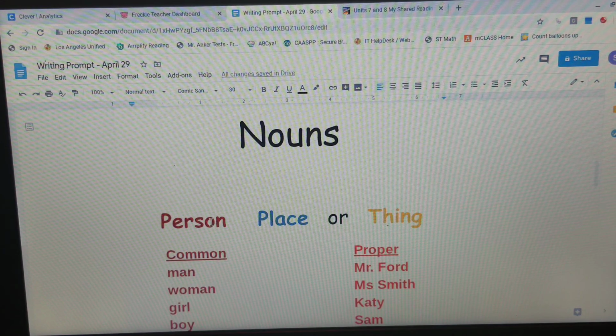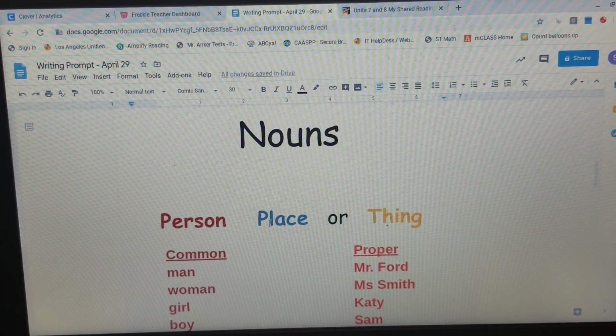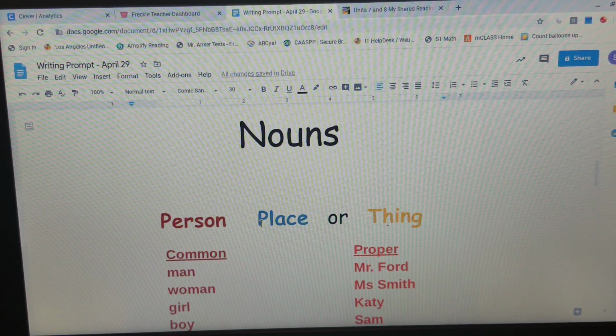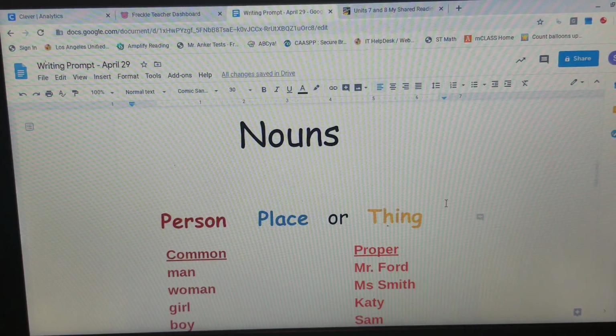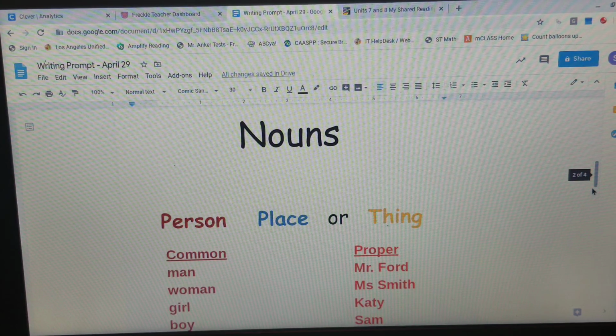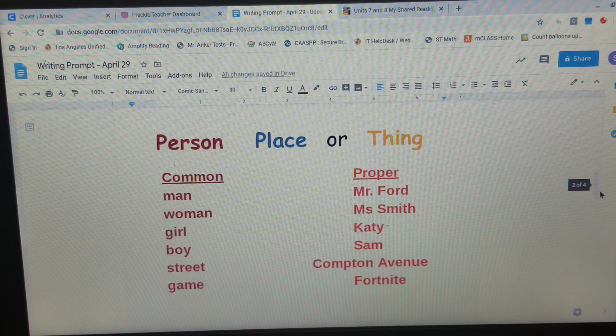A person, like a girl, boy, man, woman, lady. A place is somewhere you can go. And then a noun can also be a thing. Now, in our last story, we talked about nouns that are in the person group.